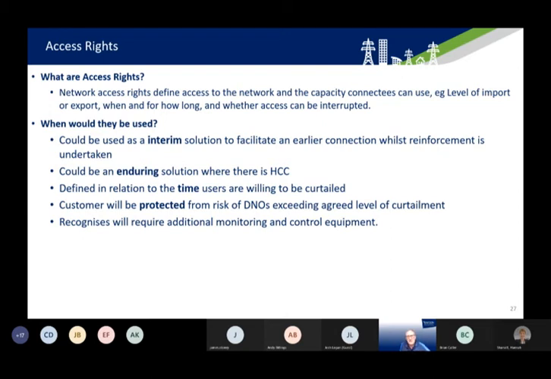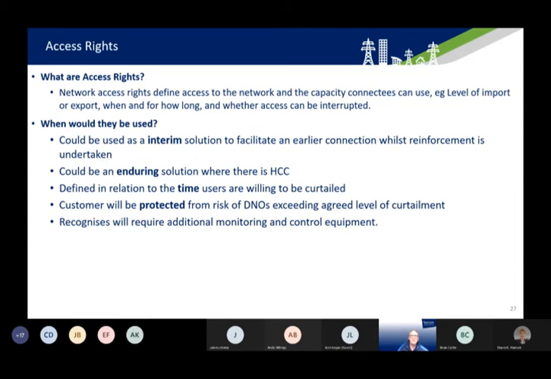Where it's seen that these can be very useful, though, is as an interim solution where some reinforcement work is needed, but that might take, say, 3 years to complete. Then having some sort of connection that's effectively non-firm, where you could be curtailed, might be an attractive proposition for some customers, allowing an earlier connection than waiting until the reinforcement's done.